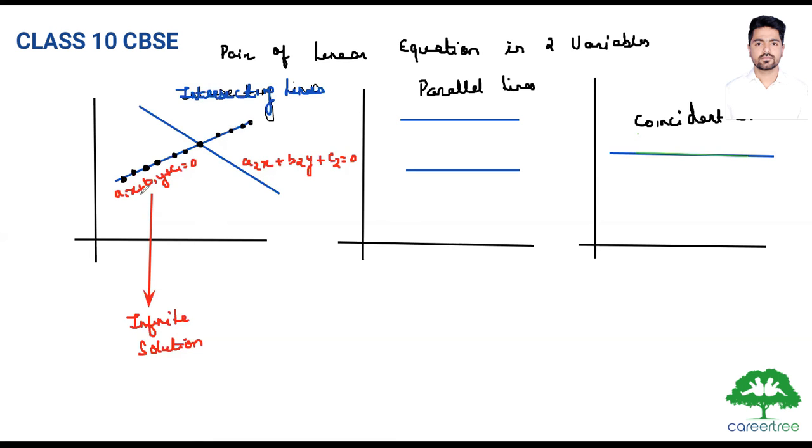I'm talking about only one line. And this particular line will also have infinite solutions. But if they are intersecting, there will be one particular point which will be satisfying both the equations.